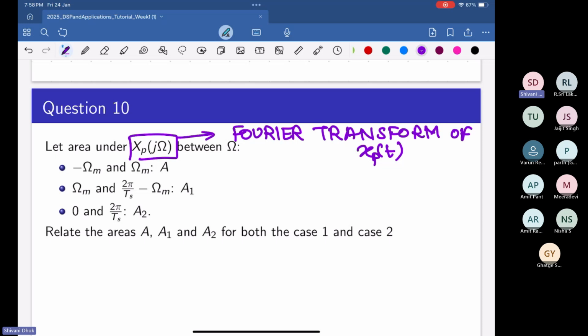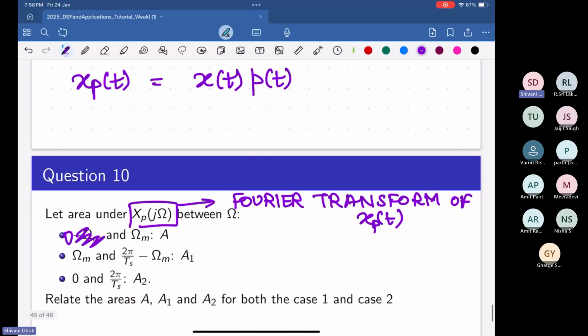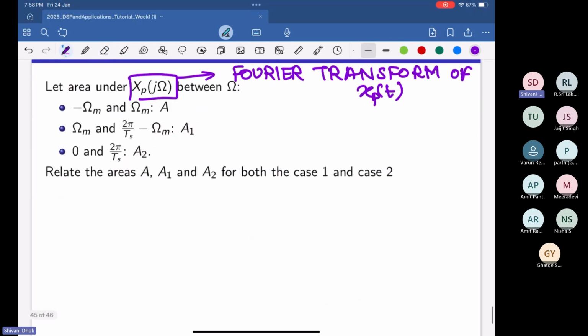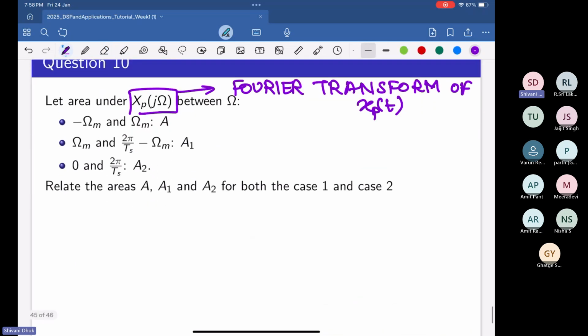And we need to relate these areas A1 and A2 for both the cases, that is case 1 and case 2. Okay, I think I made some mistake here. This should be 0. Yeah, okay. This is what we have here. No, this is okay, from minus omega m to omega m. Yeah. Okay, so we need to find the relations between A1 and A2.